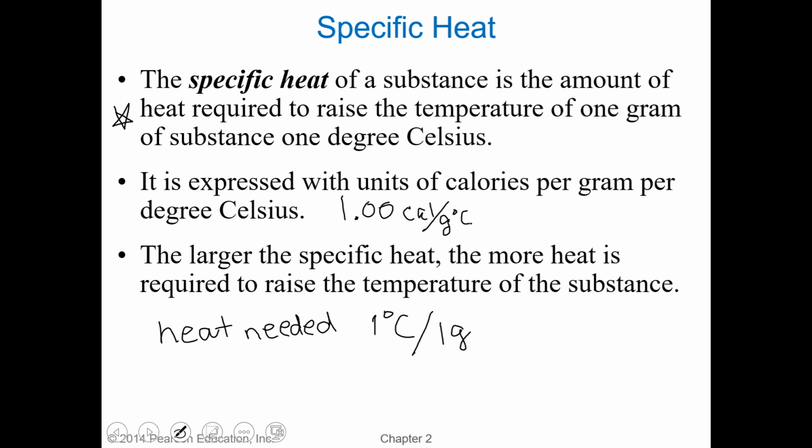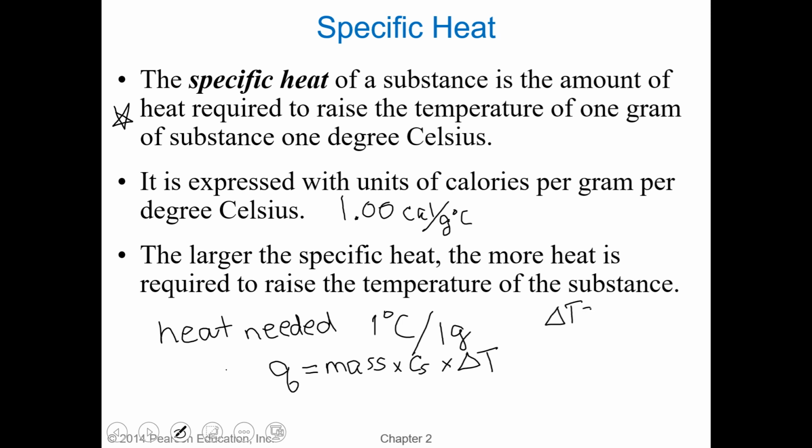The last equation that you need for this, the equation to solve for specific heat, is Q equals the mass times the specific heat times the change in temperature. Okay, Q is the heat, capital C subscript S is the specific heat, mass is mass, delta T is change in temperature.